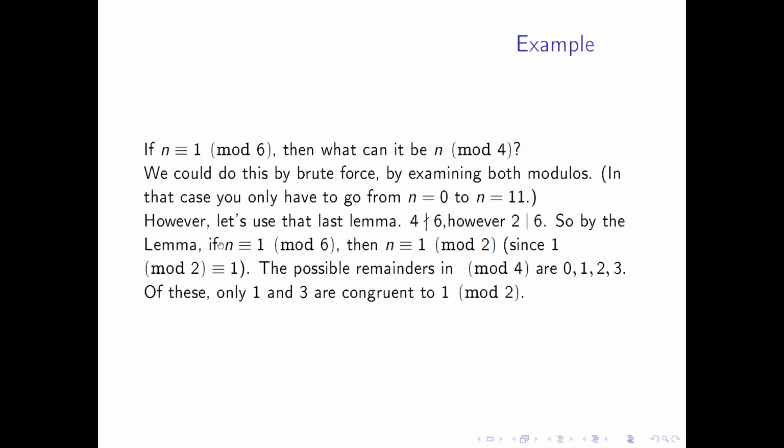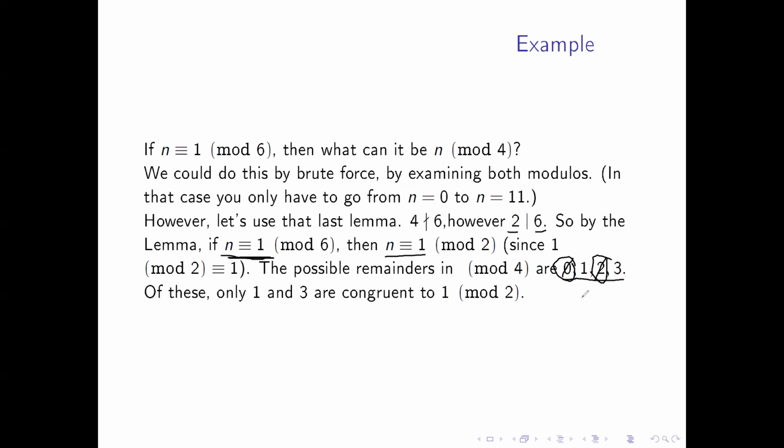Because the lemma told us that, since 2 divides 6, if n is congruent to 1 mod 6, then it must be congruent to 1 mod 2. And then we look at all the possible values: 0 mod 2 is 0, 2 mod 2 is 0, but 1 mod 2 and 3 mod 2 are 1. So these are the only possible ones we can examine.